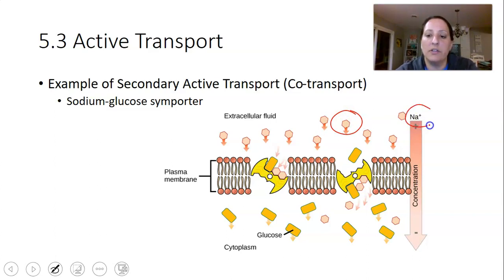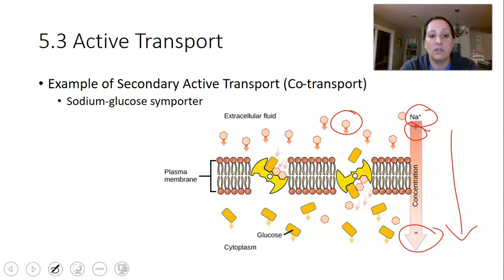If we look at the concentration of sodium outside the cell, it's high, and inside the cell, it's low. So based on the basic laws of diffusion, or facilitated transport, sodium should move into the cell. It should move down its concentration gradient. Okay, so what that represents here is a form of potential energy. We have a gradient.